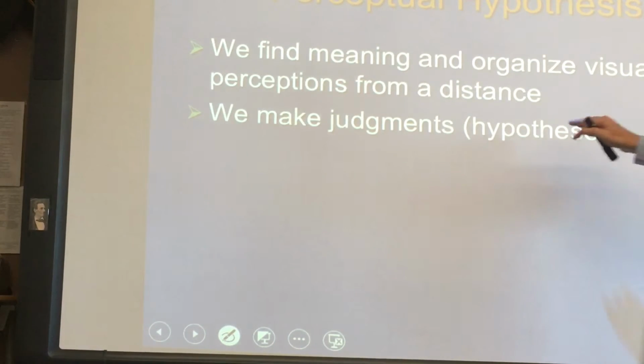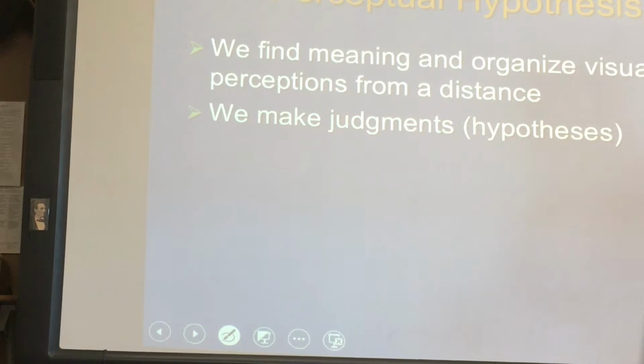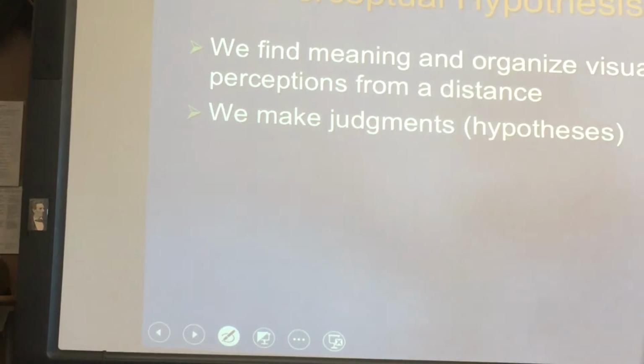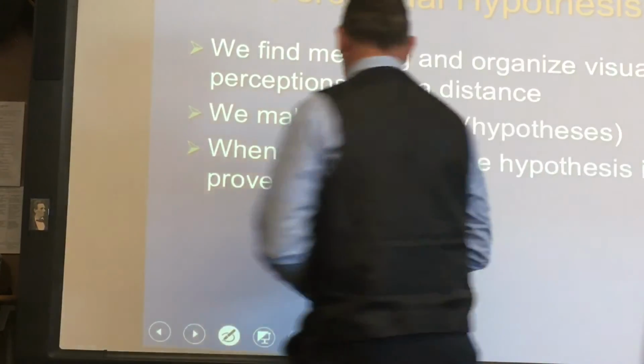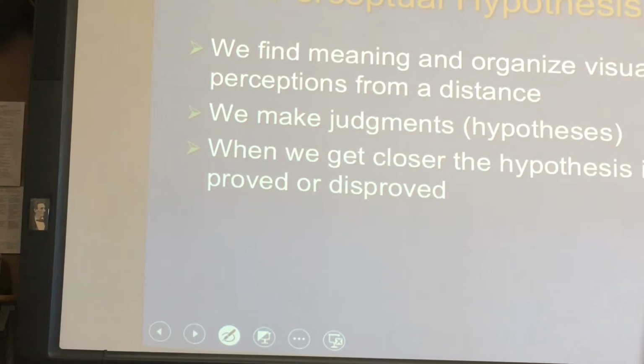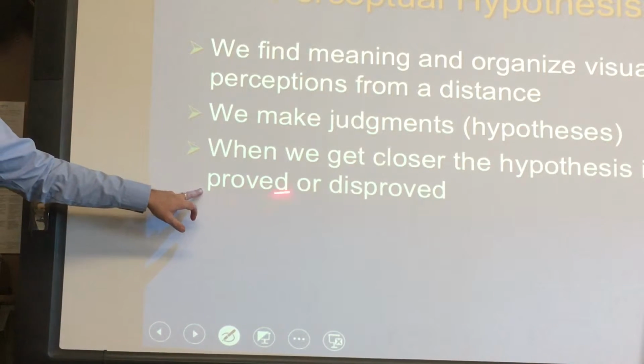It's just like when you're going to your interview, you have an expectation. This is an expectancy. Based on this visual input, I think this is my friend. Until you get more evidence, you get into more proximity, and when we get closer, the hypothesis is either proved or disproved.